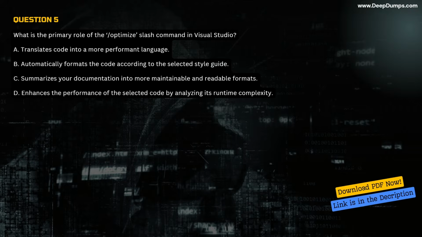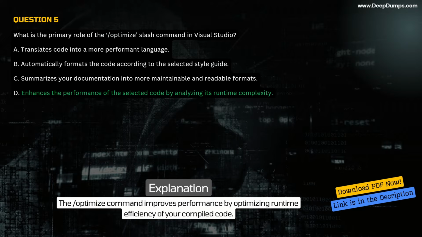D. Enhances the performance of the selected code by analyzing its runtime complexity. Correct answer D. Enhances the performance of the selected code by analyzing its runtime complexity. Explanation. The /optimize command improves performance by optimizing runtime efficiency of your compiled code.